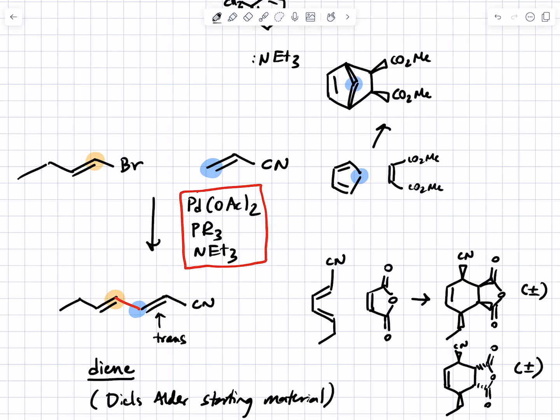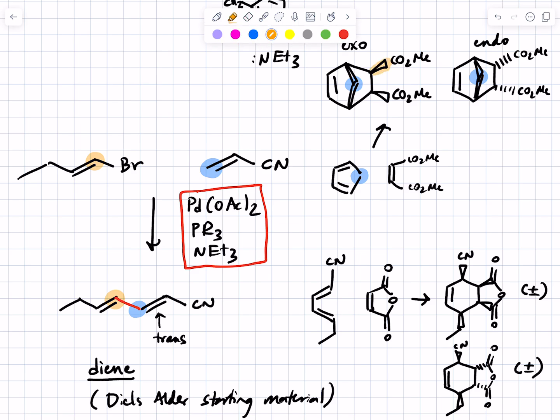And if that was true, we would call that exo. And then the other was where the substituents on the dienophile were pointing down relative to the bridge on the diene, and that one we called endo. Endo is about the relative relationship between those groups.